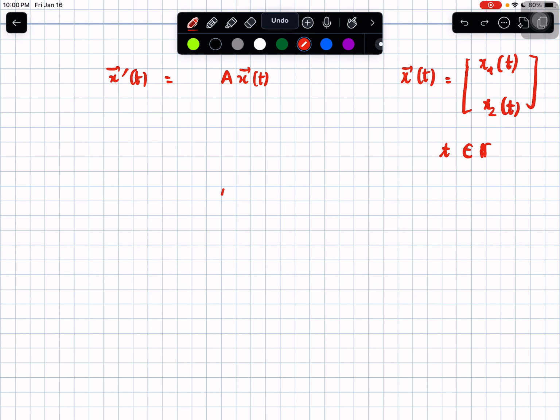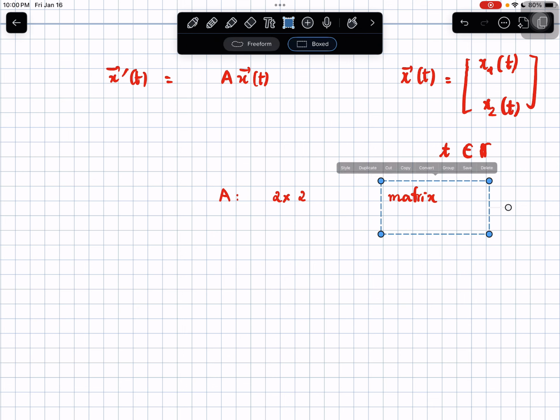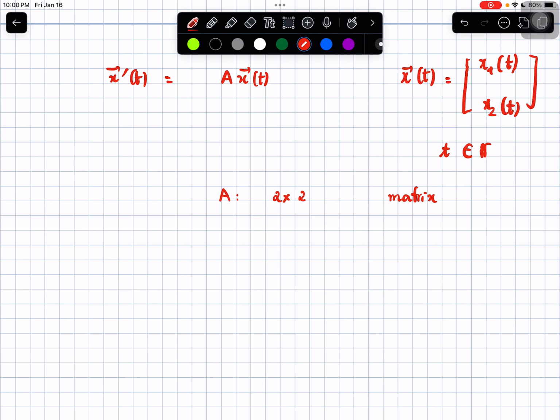A is a 2 by 2 matrix with real entries, so a 2 by 2 real matrix.